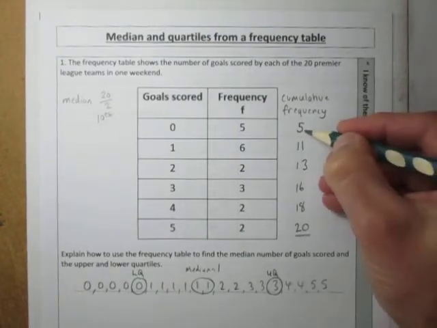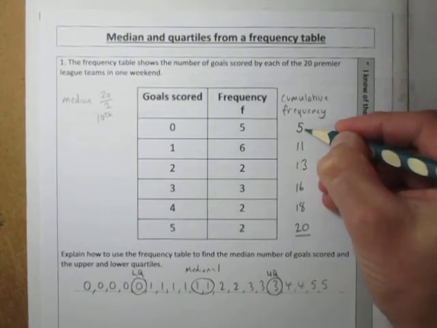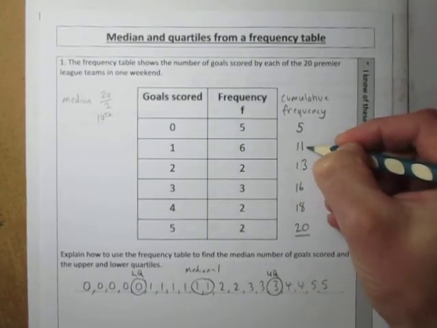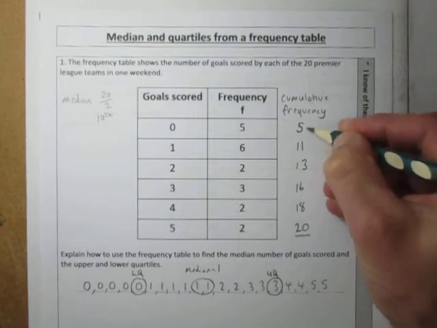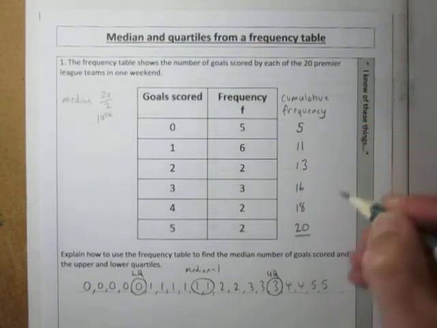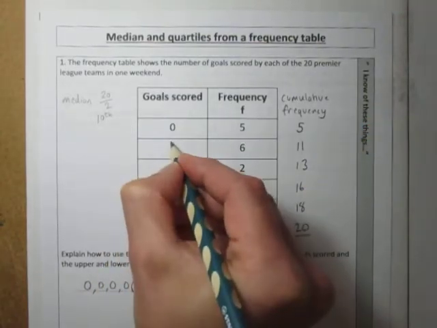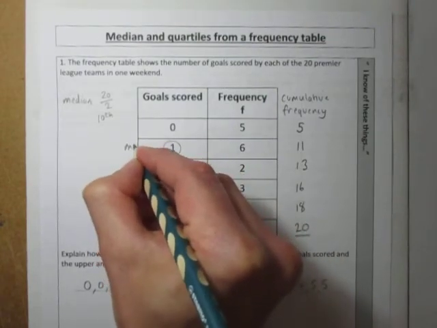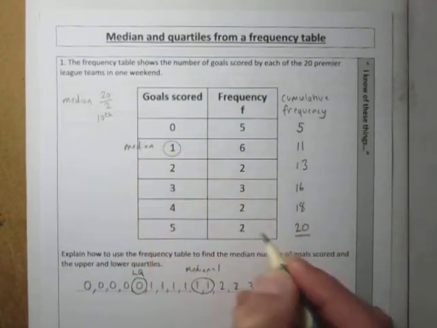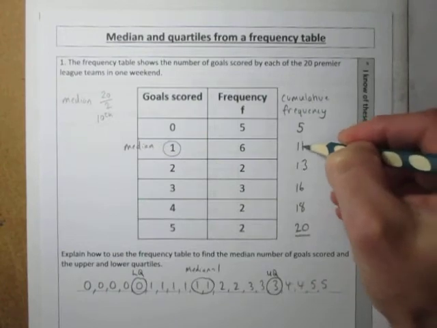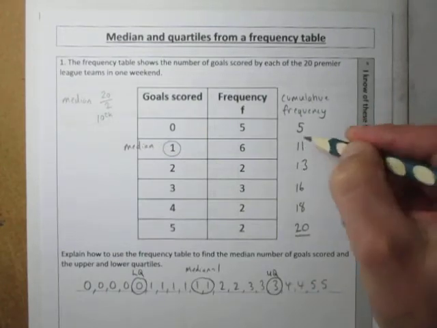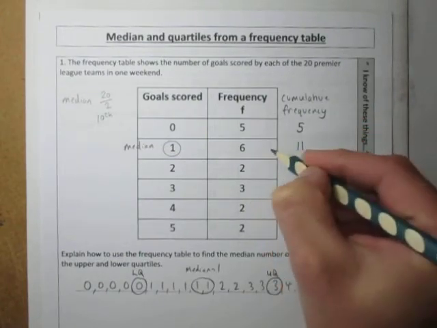Well, if the first 5 lie here and the first 11 lie here, the 10th must be somewhere in between these two. In other words, the median must be 1 goal, because the 10th value lies somewhere in between the 5th and the 11th, in this group here.